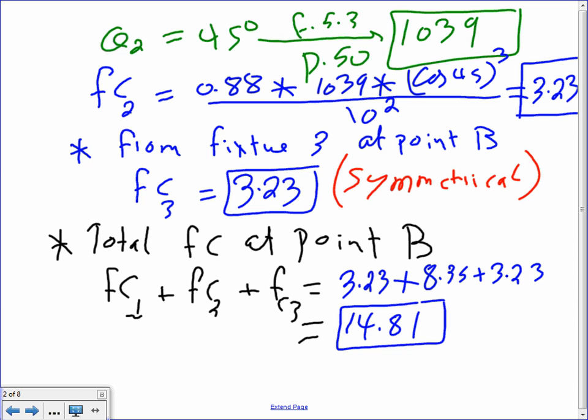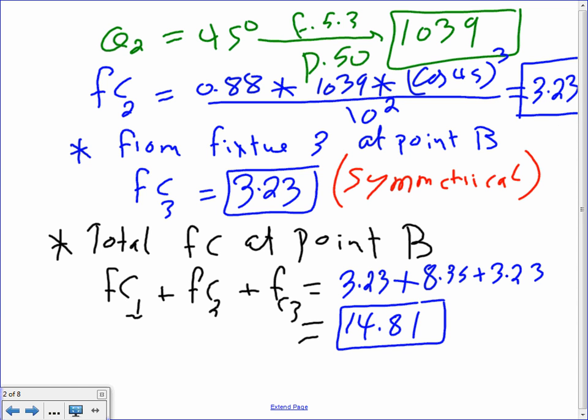Okay, 81. 3.23, 8.35, 3.23. I bet you because when we added them, we kept the other decimals. So on the test, 14.87 or 14.81, you know, it will be 1. So just FYI, because there's approximation. So we can tell that this is 15 foot candle, right?